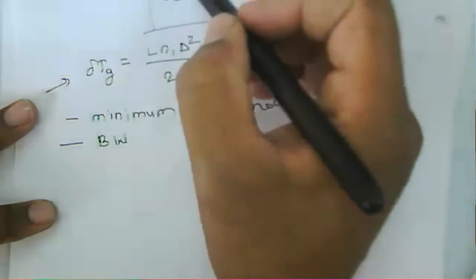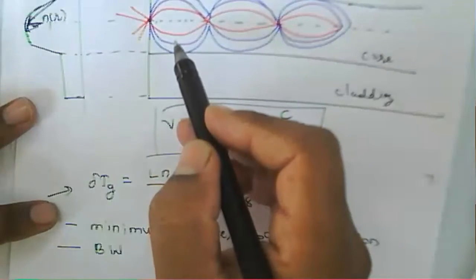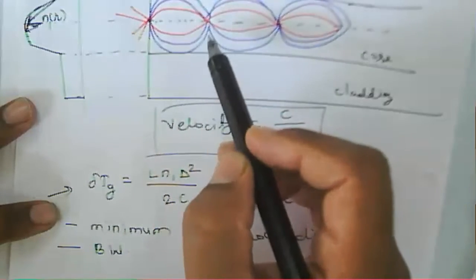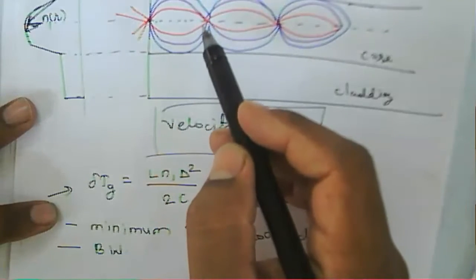Why does it occur? Because various rays are propagating with different paths. So different path lengths because of the refractive index difference.